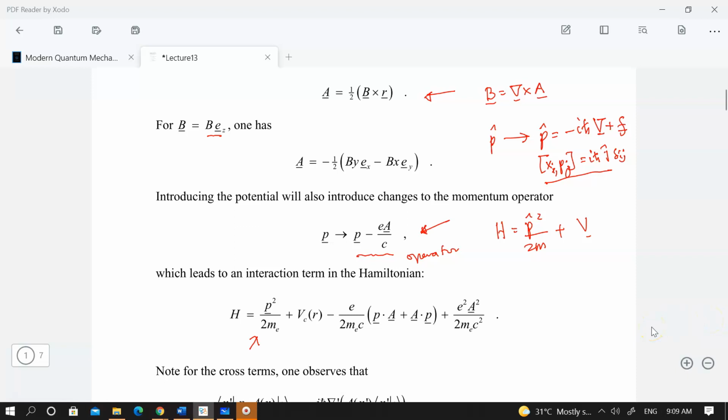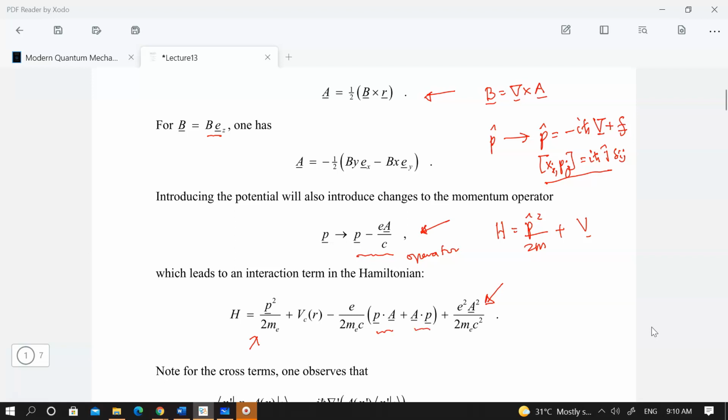But you also get the square of this thing. If you look at it, you'll get the square of that A, which corresponds to that. And you have the cross term, and because these are operators, you get a contribution in this particular form: p dot A plus A dot p.